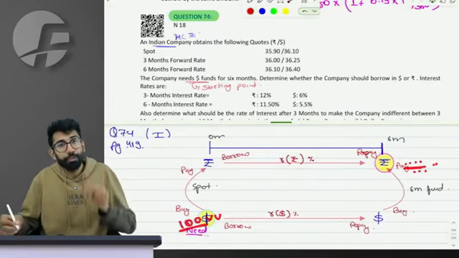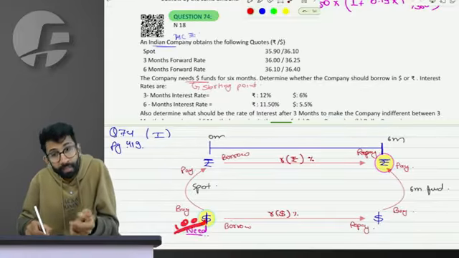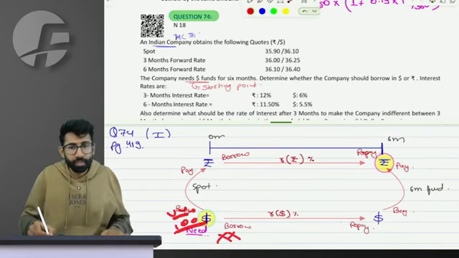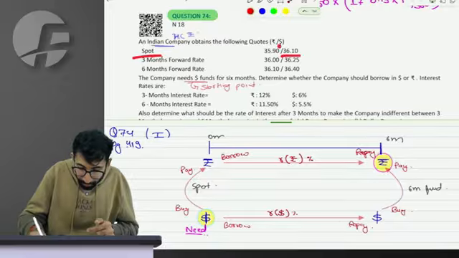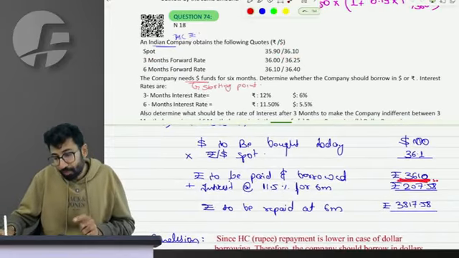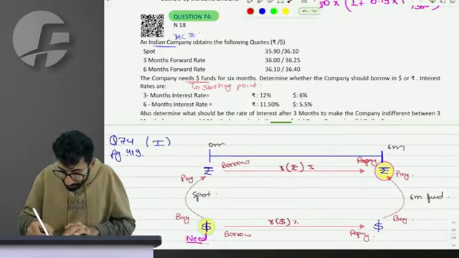Option 2, you need $100 here, you can get $100 immediately. Rather than borrowing, this time you buy it in the spot market. So when I buy the dollar, how much rupee will I need to pay? So in the spot market, when I buy, other party sells. So 100 into 36.1 gives me 3610, the amount of rupee to be borrowed today in the Indian bank. 3610.